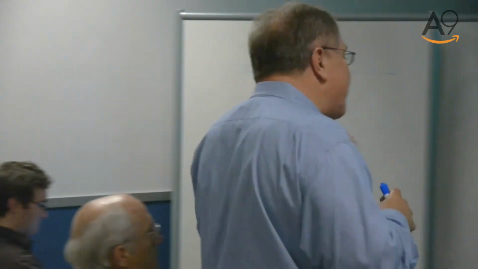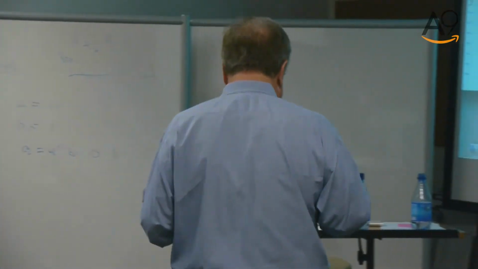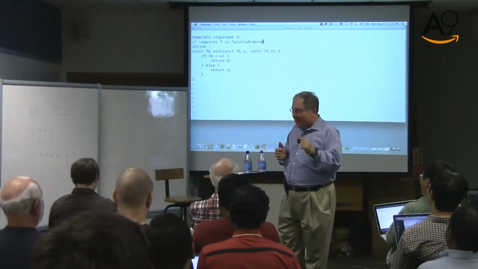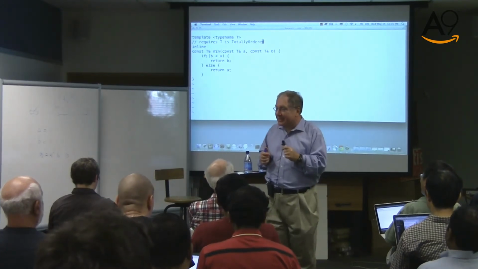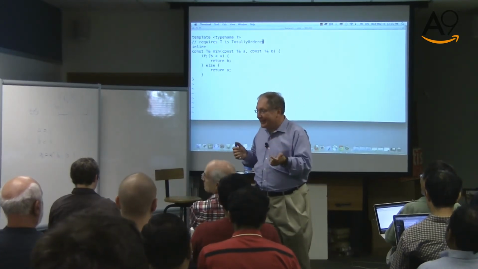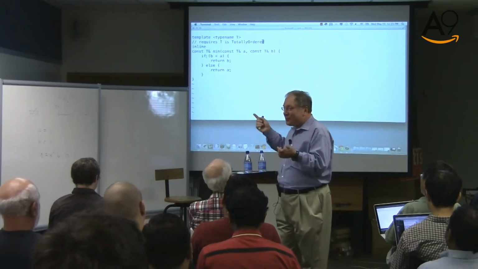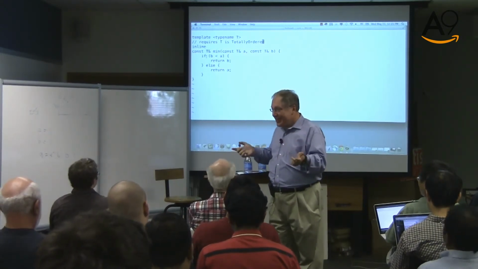Partially ordered is really tough. This is what people think. If it's not totally ordered, it probably means it's partially ordered. The problem with partial ordering, if you check, is that not every two elements are comparable. So nothing like that could possibly work.